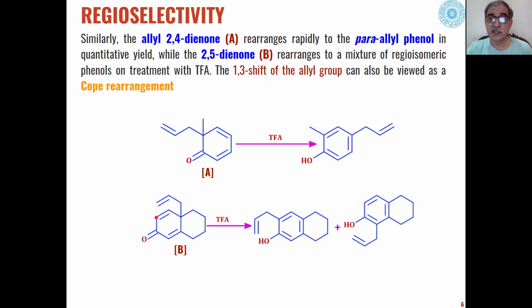So either at this, this is 1, 2, 3, or this is 1, 2, and 3. So either this can migrate to this carbon, or at this carbon. In both the cases, we will be having a 1,3 shift, and either by this or by that, we will get these two products through dienone phenol rearrangement.